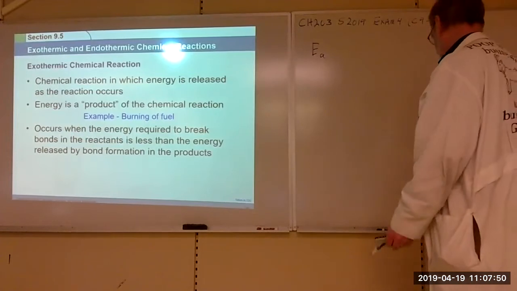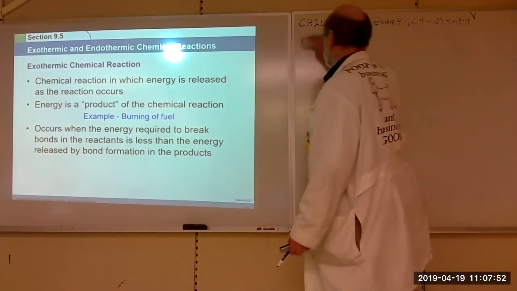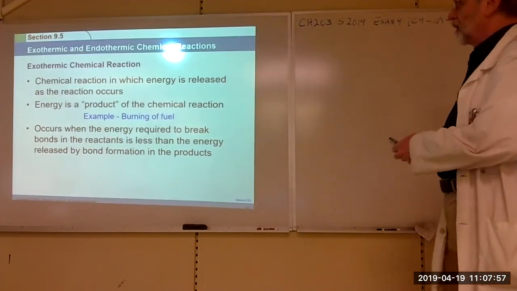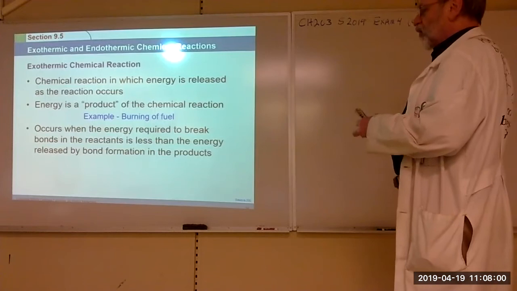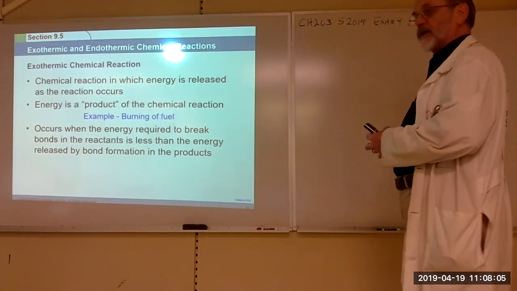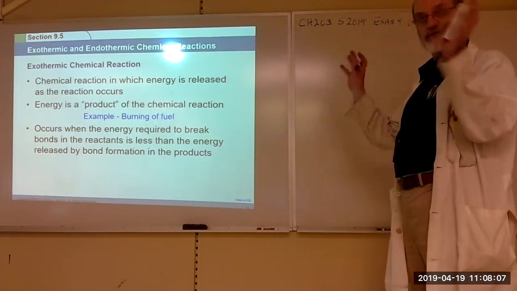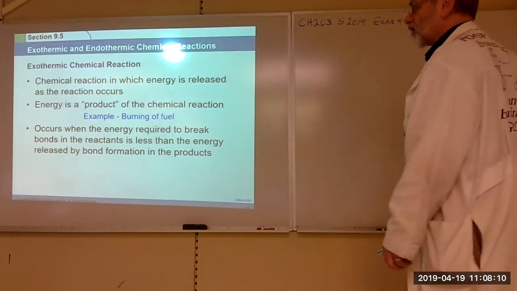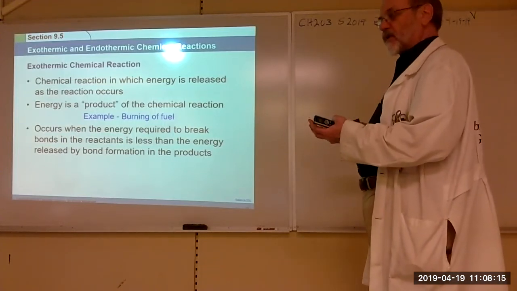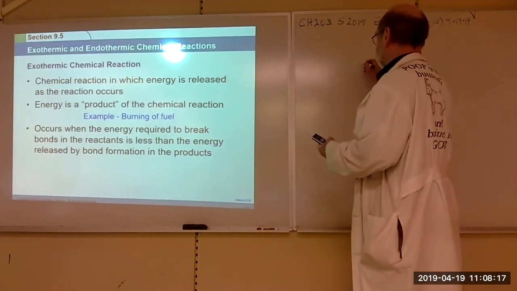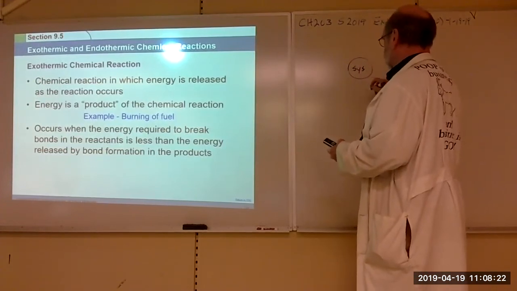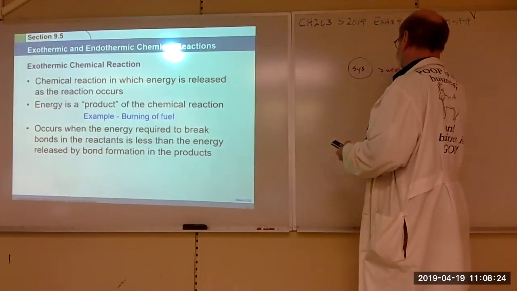Okay. Another characteristic of a reaction. Chemical reactions in which energy is released during the reaction are called exothermic. That is, they give off energy. When we talk about reactions, and in fact, when we talk about any type of chemical system, we have systems and surroundings.